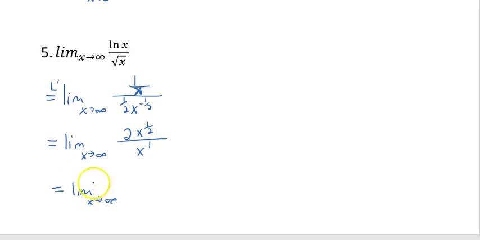And so I'm just using algebra again. I don't put the L. The 2 stays where it is. x to the 1/2 over x to the 1 will leave me with x to the 1/2 on the bottom when I cancel or subtract my powers. Now I clearly have a small over big situation, and it goes to 0.